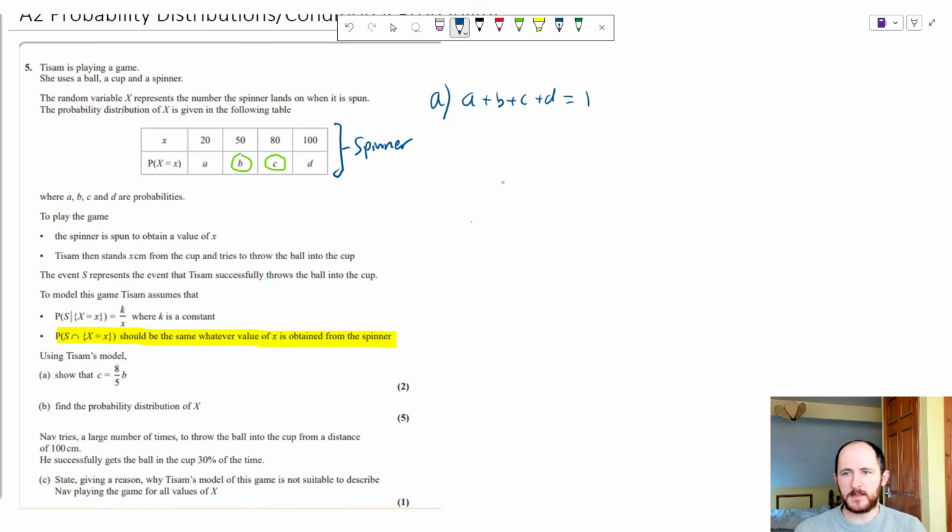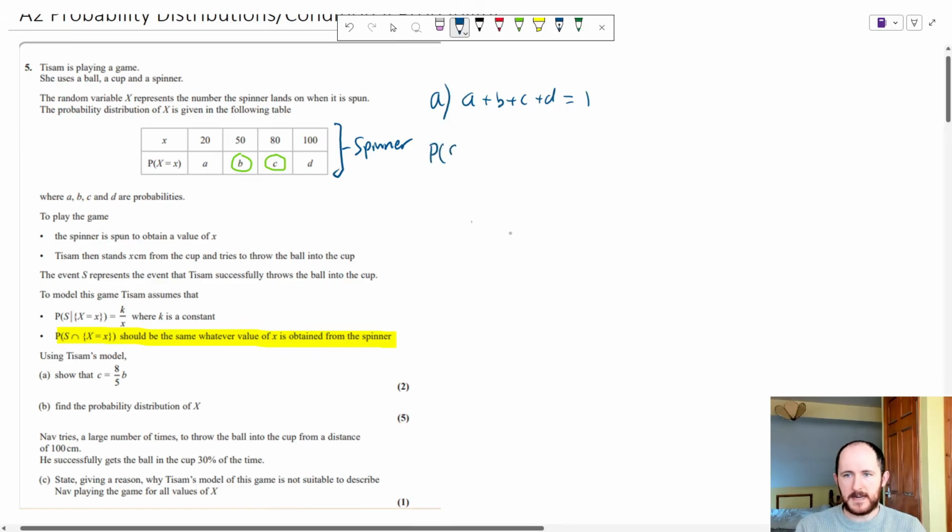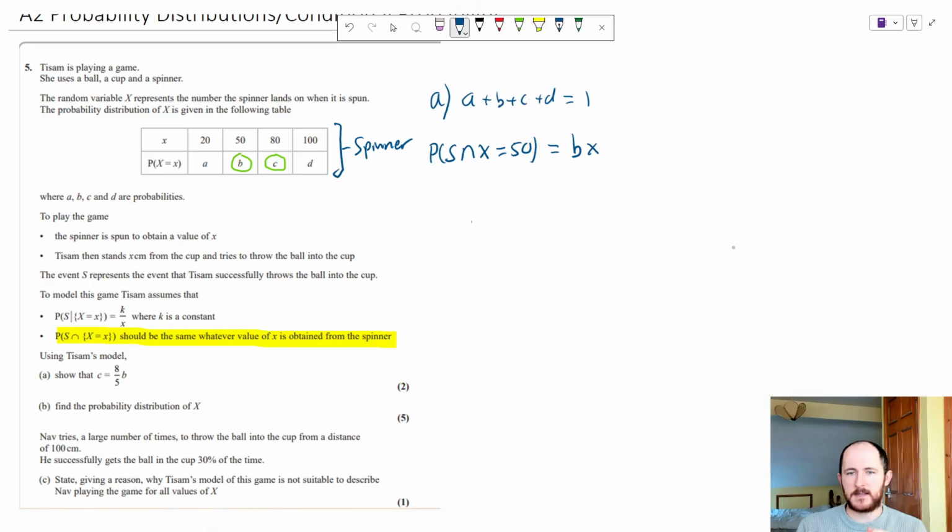So in other words, if I start with B, the probability of getting S and X equaling 50. Why 50? Because again, we're looking for B at the beginning, right? That should equal B, the probability of actually getting 50 on the spinner, times K over X, because that's the probability that she actually gets the ball into the cup after she's gotten that value of X. So that's times by K over 50.